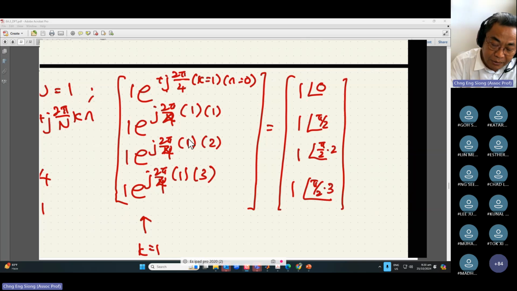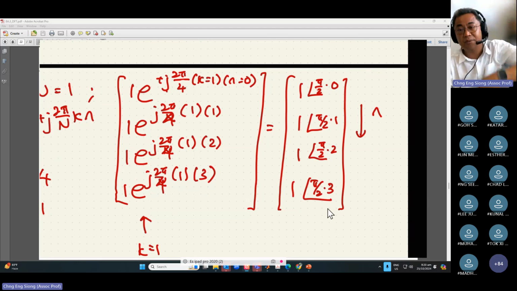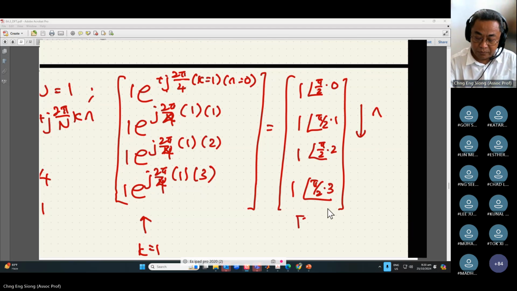What am I thinking about, guys? Why do I want to write it in this way? π/2 times 0 times 1. You can see that this is n. n is the index that is running along the column for the k row. How does this look?